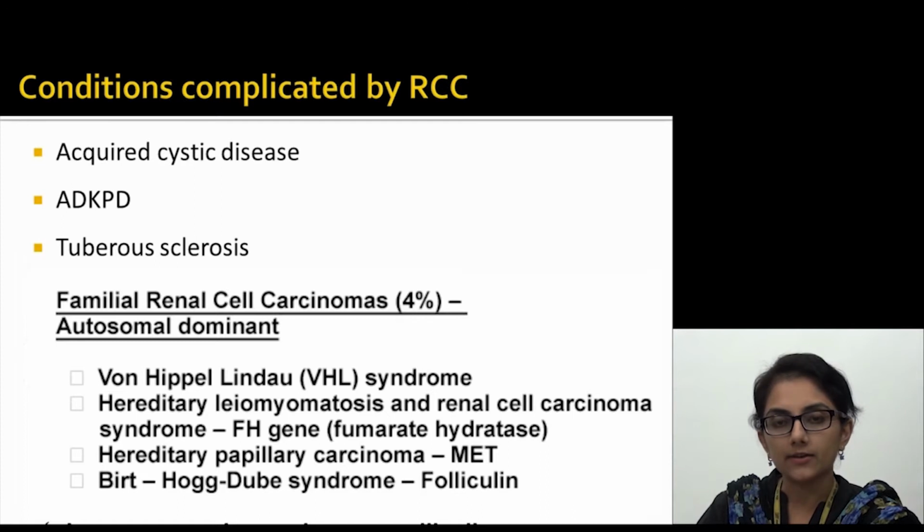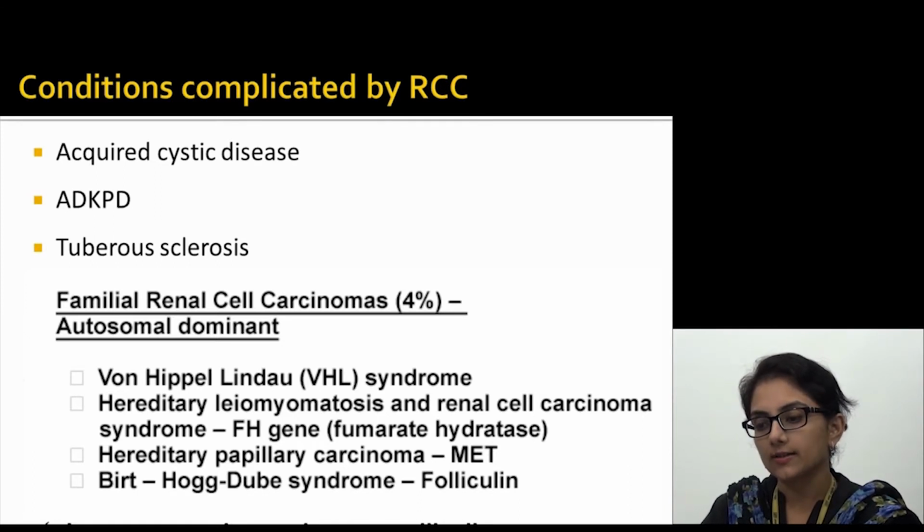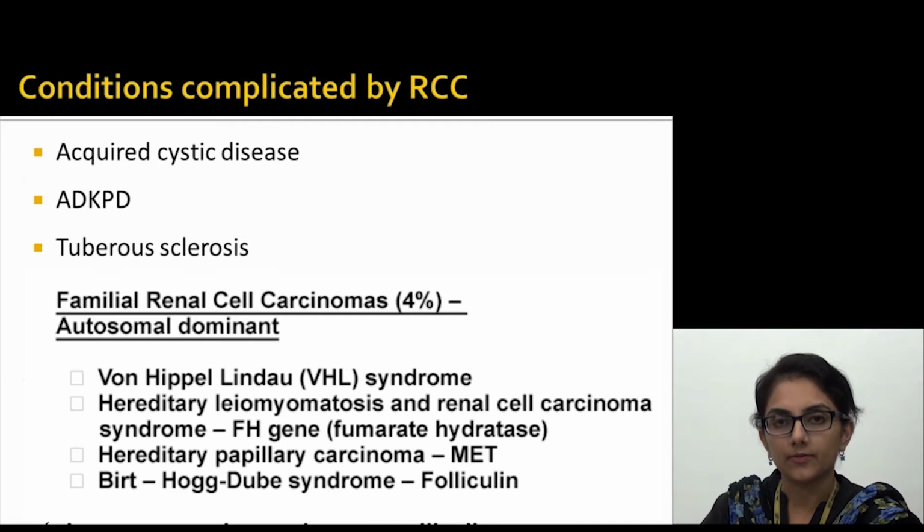Then you have the hereditary papillary carcinoma, which is associated with activation of the MET proto-oncogene. And we have the Birt-Hogg-Dubé syndrome, which is associated with mutations in the folliculin gene and therefore numerous skin tumors and associated renal tumors of varied histology. So we'll look at some of the important familial syndromes as we go along the lecture.